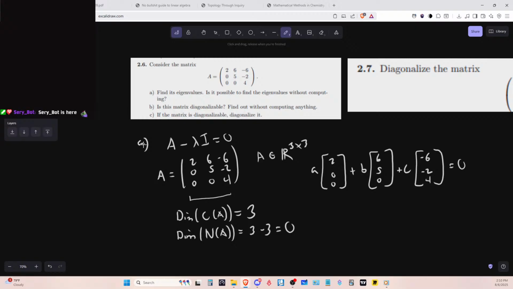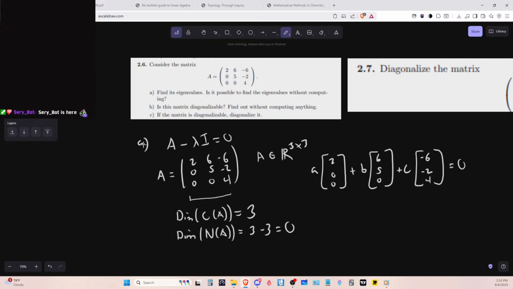Let's see. Is it possible to find the eigenvalues without computing?